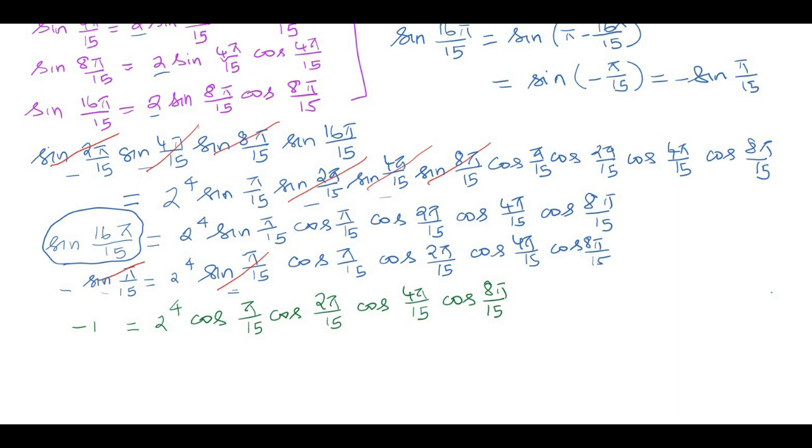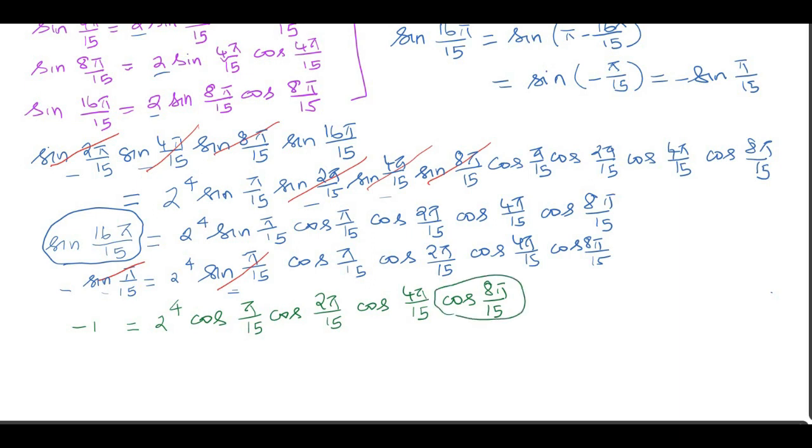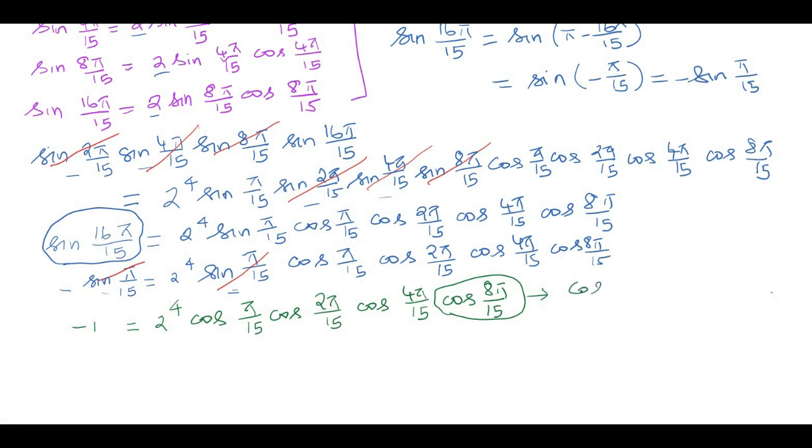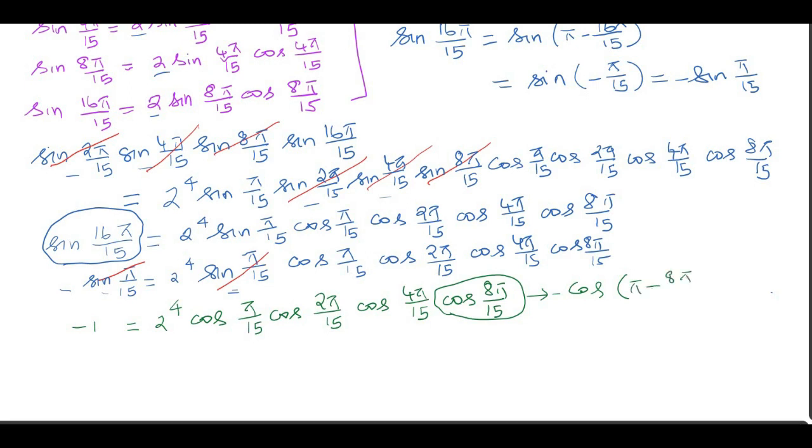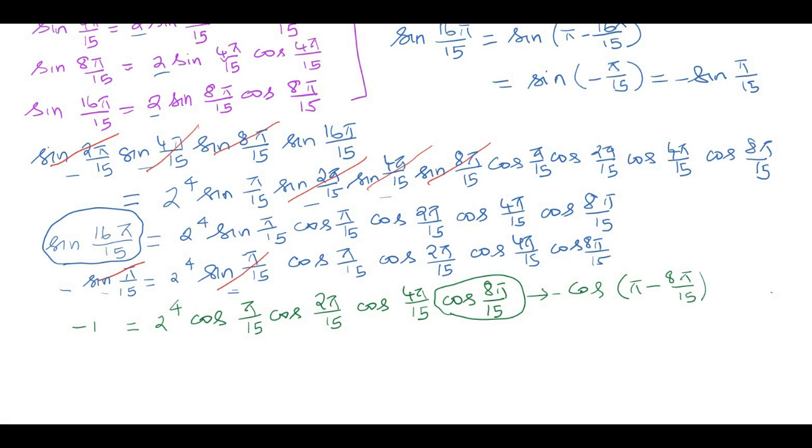See this one, you can write as minus cos pi minus 8 pi by 15. Okay, because we know that cos pi minus a is minus cos a.